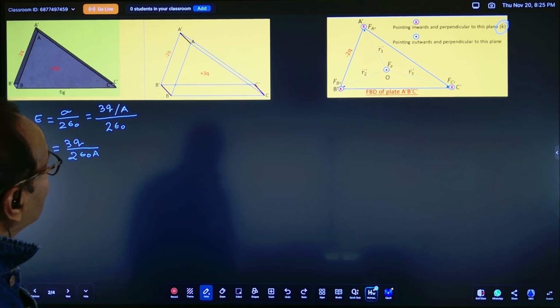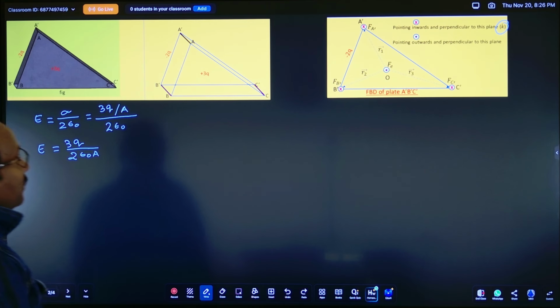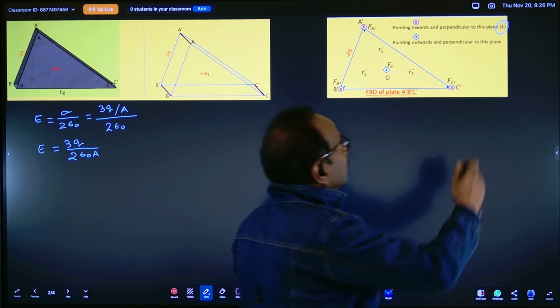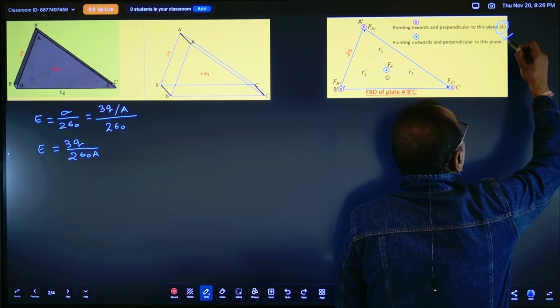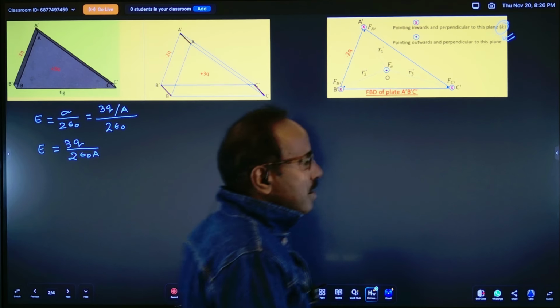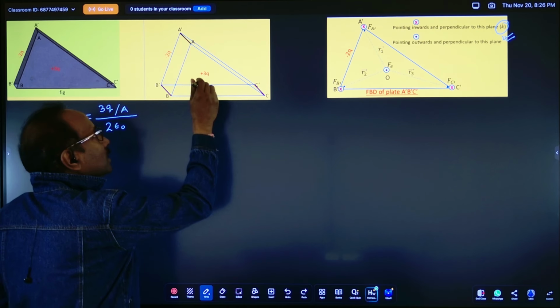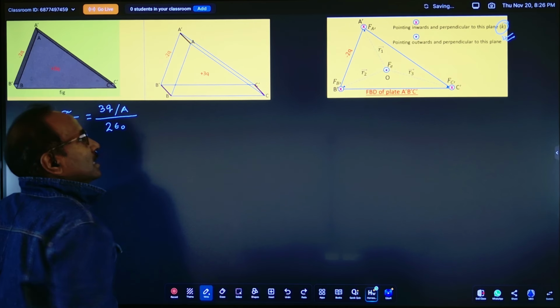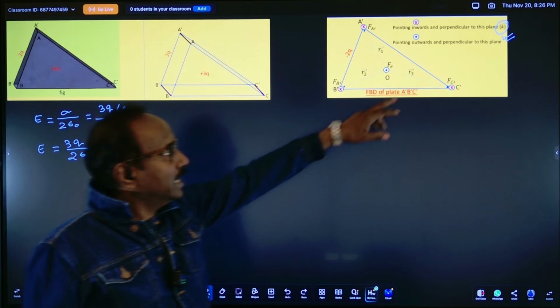or we should say that the unit vector what we have taken perpendicular to the plane and inside as k cap.